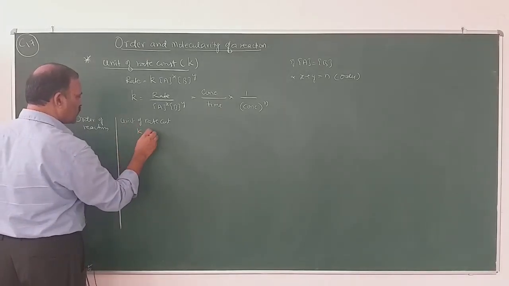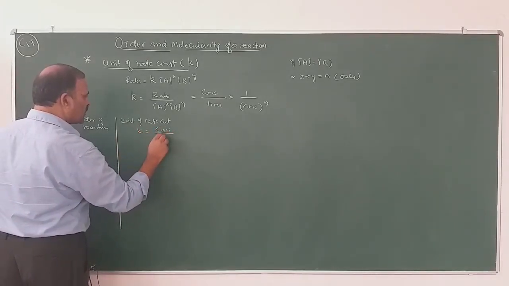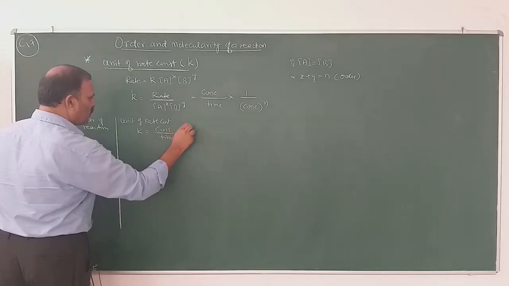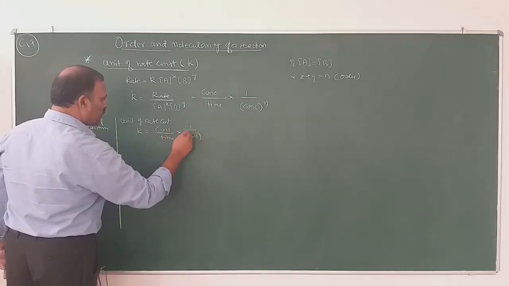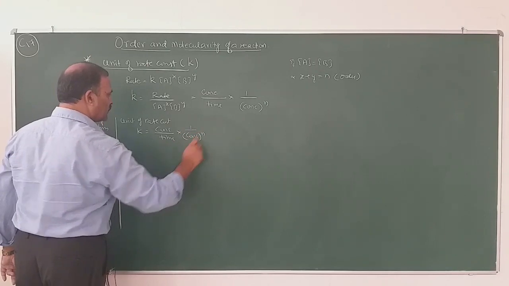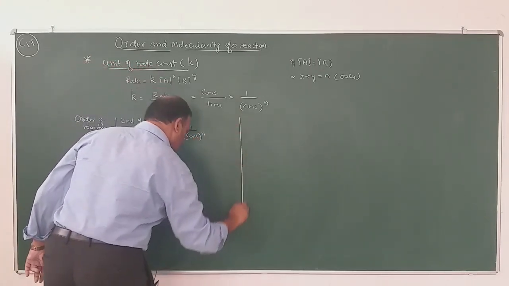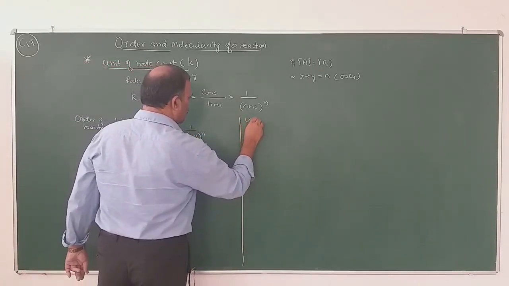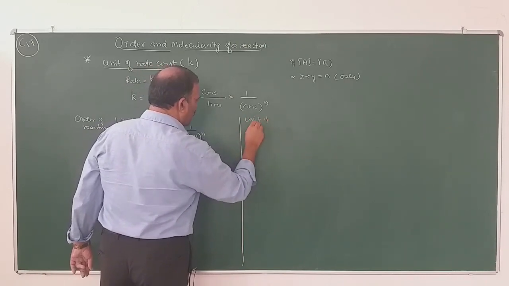What is K? K is equal to concentration divided by time into 1 over concentration to the power of n. And then we can also write the unit of K like this.